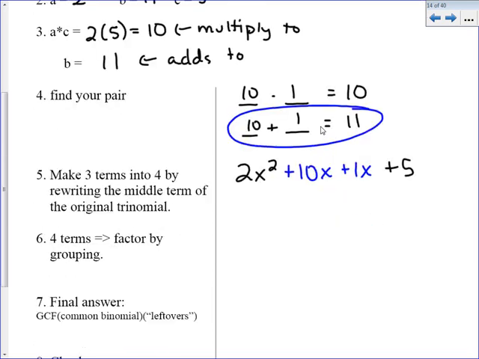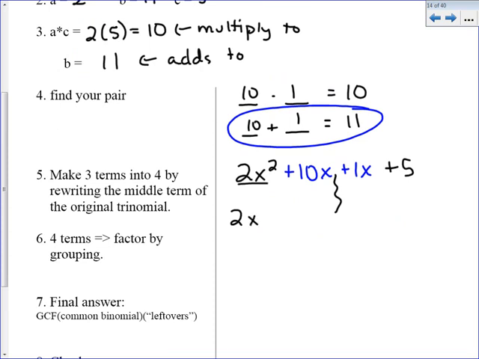So factoring trinomials just has an added step. Make it 4 terms, go back to your grouping. So if I split this in half now, I'm going to factor by grouping. What's the GCF in my first group? 2, and I heard someone say the other part of it. X. Both of them have an x. Most of the time, that first group has an x in it.